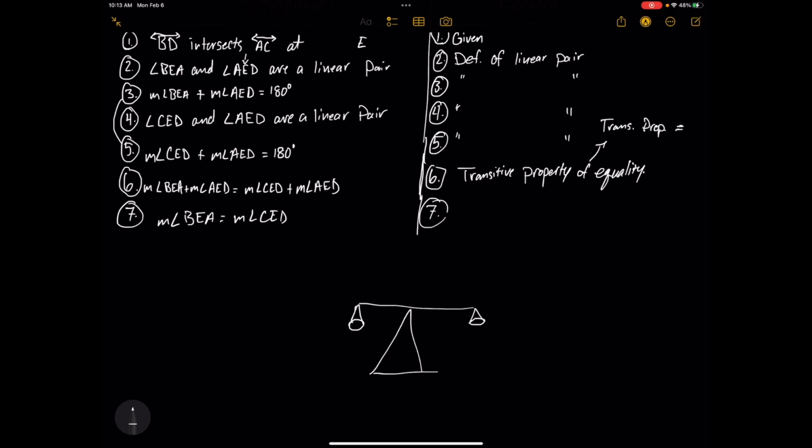If I take 2 marbles away from one side, it's not going to be balanced anymore, right? But if I take 2 marbles away from both sides, if I subtract 2 from both sides, it's still equal, isn't it? So that's what we're doing, just in mathematical algebraic terms rather than in ancient Egyptian scale terms.